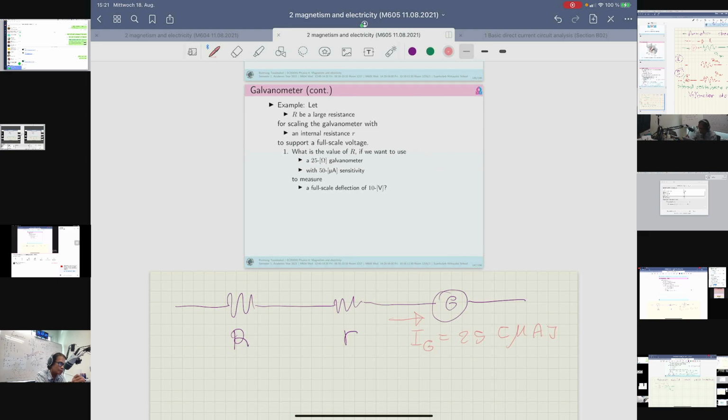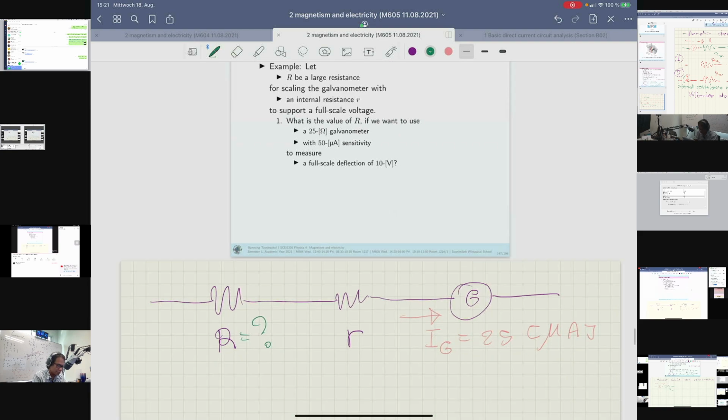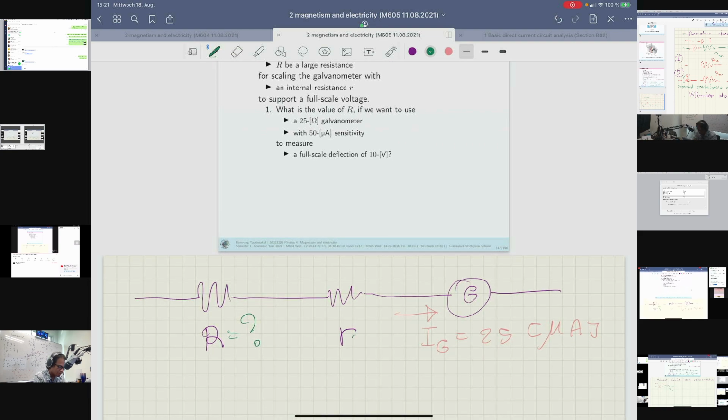Capital R is what we would like to know, and the internal resistance of this galvanometer is 25 ohm.